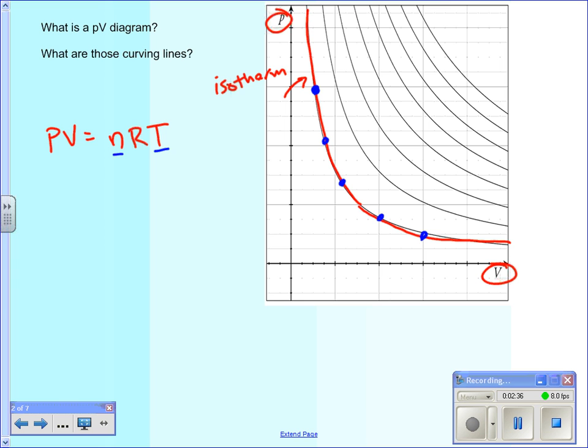N, remember, is constant, and R is constant. So really what I could say is PV equals some constant in this instance. Then P is equal to a constant over V. So we see there's this inverse relationship between pressure and volume, giving that hyperbolic shape to the curve. The mathematics of why it's curved is not super important.